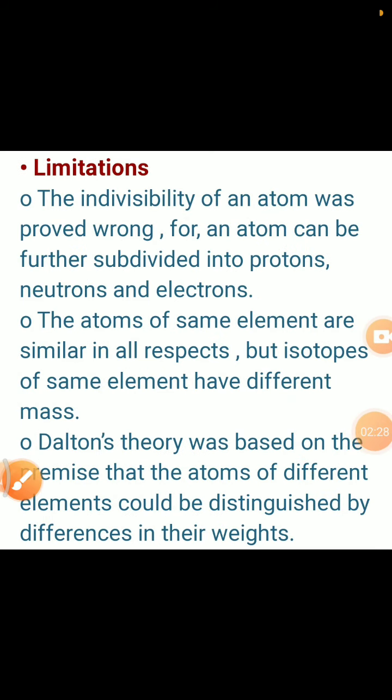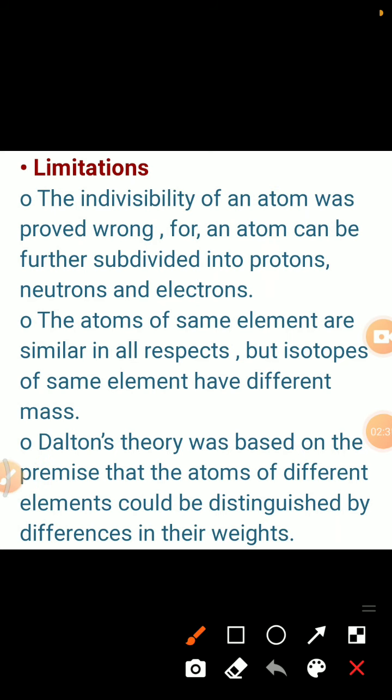Now let us learn about the limitations. The individuality of an atom was proved wrong.